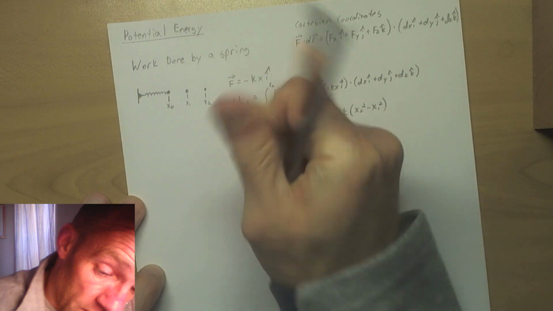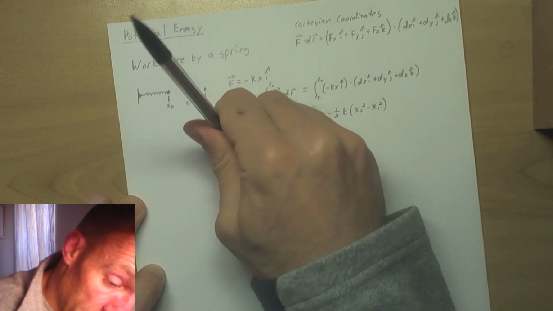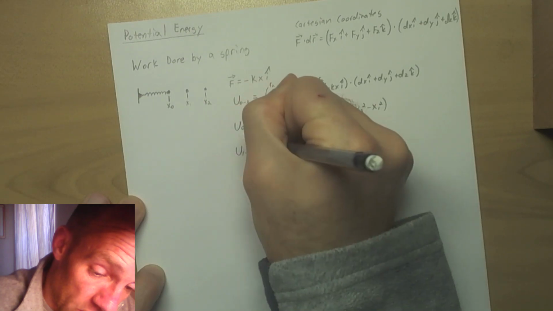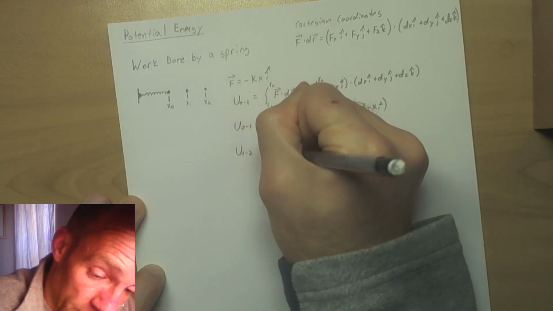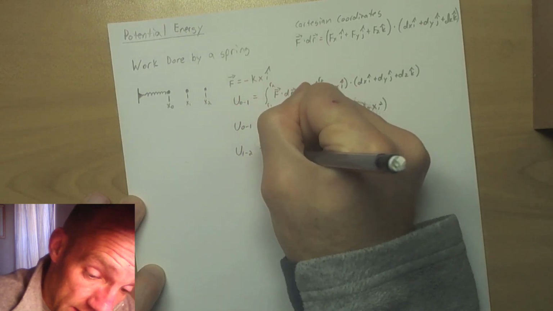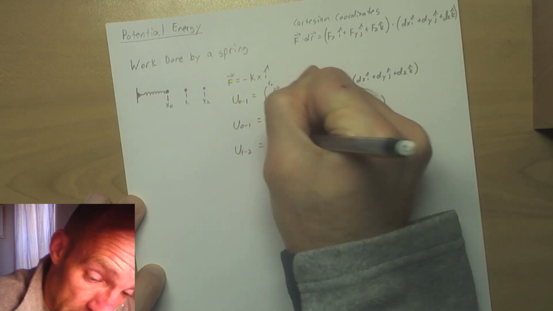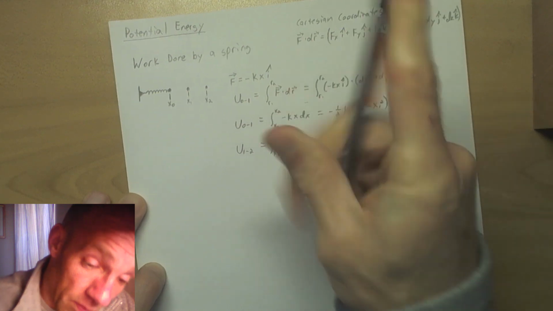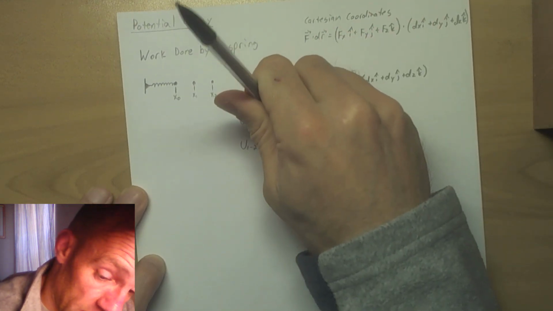from position 1 to position 2, now we're going to stretch it further from position 1 to position 2, and that's just the integral from, this should be from x0 to x1.